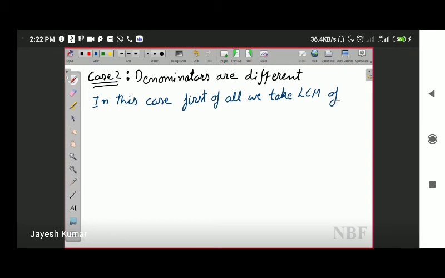For those who don't remember how to find out the LCM, I will show you shortly while we are doing the question. First of all, write this down. In this case, first of all, we take the LCM of denominators of all the rational numbers.